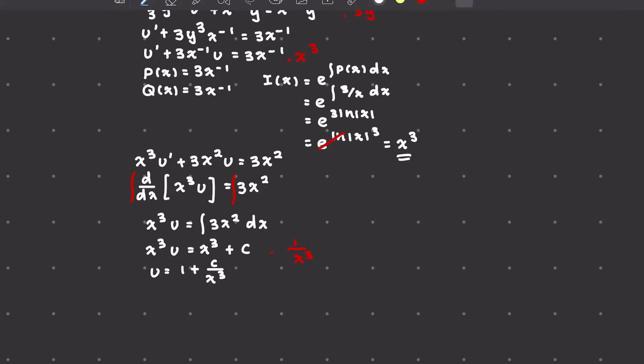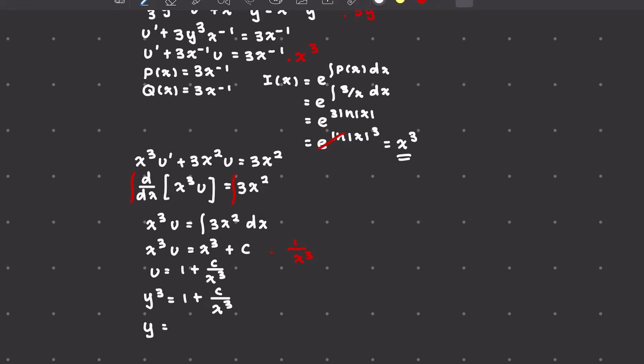So let's plug in y cubed for the u equals 1 plus c over x cubed, and we can solve for y. To remove the cube on the left hand side, we must take the cube root of both sides.